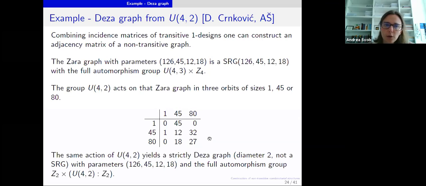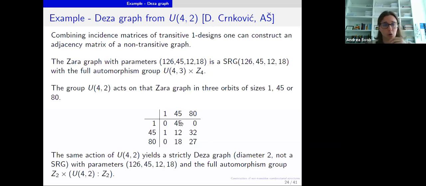So we know that this subgroup is acting on the Zara graph with this orbit matrix. But what can we also hope to get? We can take this fixed orbit matrix with this subgroup U4(2), and we can hope that there are some other graphs that preserve the action of the group U4(2) with this orbit matrix, but that are not isomorphic to the one that we started with.